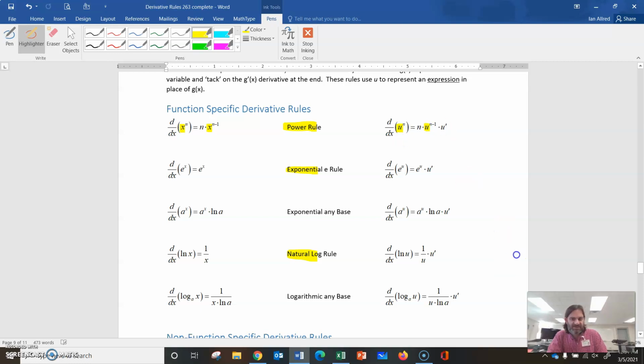We'd still have the same power rule function, but because we don't have just a single variable inside the function, we have an expression, we have to tack on that g prime, or as we might call it, u prime in this case. So the u is the same thing as g, and u prime is the same thing as g prime. So we can use this a little bit quicker and more efficiently with certain functions.